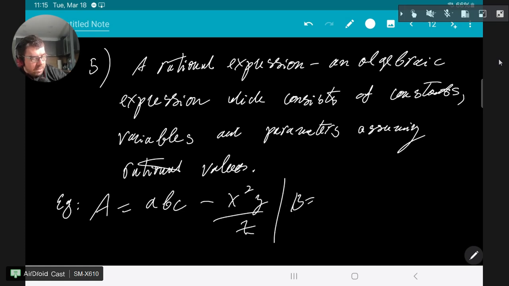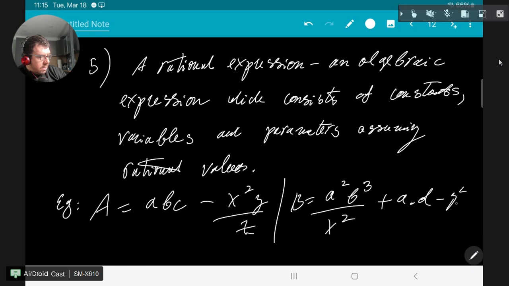Let's call this B. A squared b to the power of 3 x to the power of 2 plus a times d minus y squared over z to the power of 4. Okay, just any combination, doesn't matter. It's a rational expression. Okay.